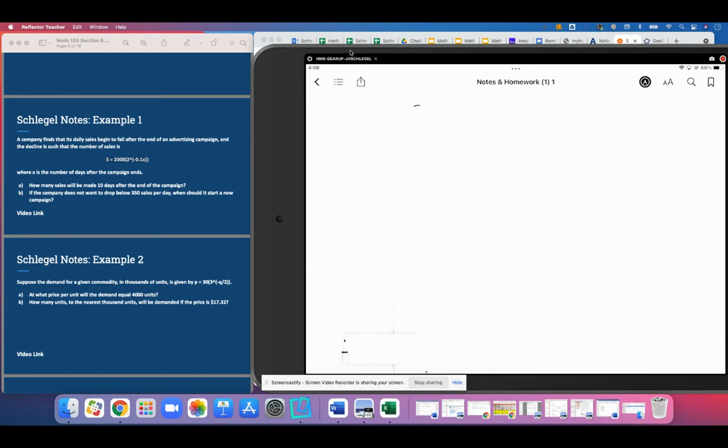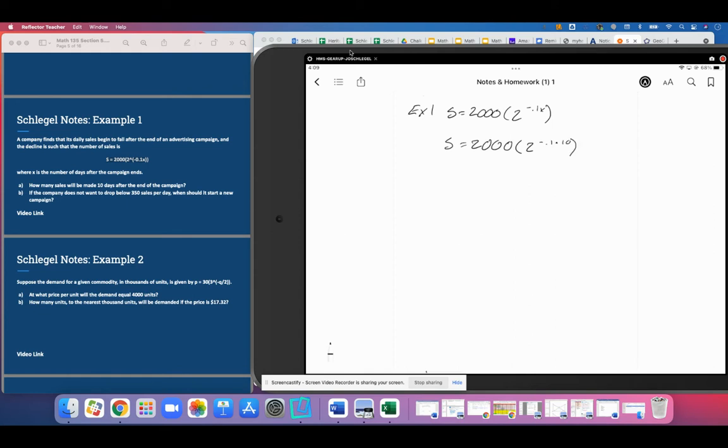Just doing the math quickly for example 1, we had S, total sales, equal to 2,000 times 2 to the power of negative 0.1x. You'll notice the exponent here is negative, which is what makes it exponential decay. In terms of your personal finances, you never want to see a negative exponent up there. That would be super bad. So S equals 2,000 times 2 to the negative 0.1 times 10.